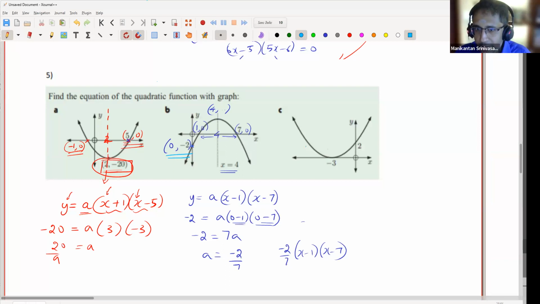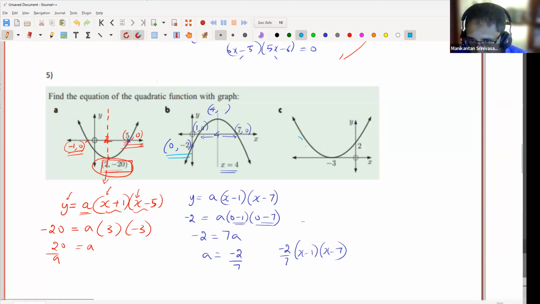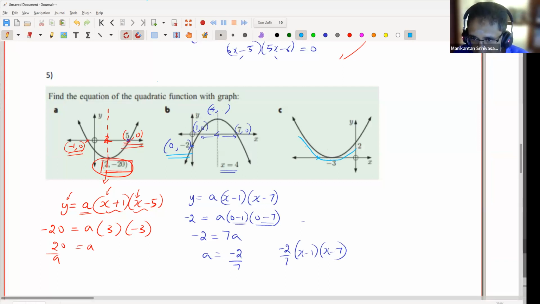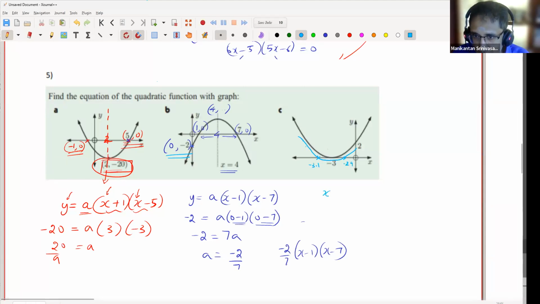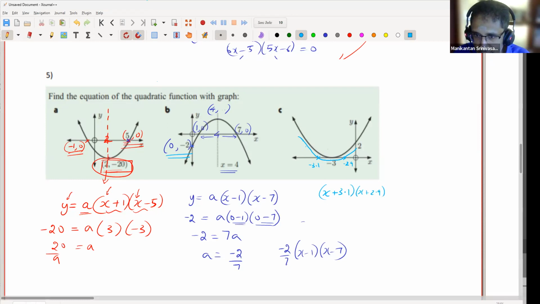Now, back to question C. Now it passes through minus 3 comma 0. Just imagine had it been slightly lower than this. Then let's say, I didn't draw it very close, but let's just imagine this is minus 3.1 and this is minus 2.9. Then in that case, this parabola would have been x plus 3.1 times x plus 2.9 and then times a, right?